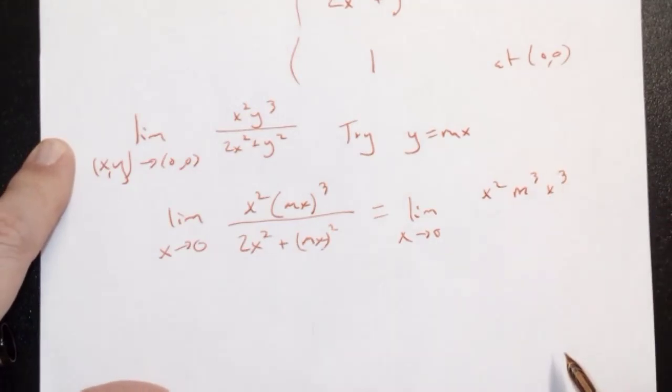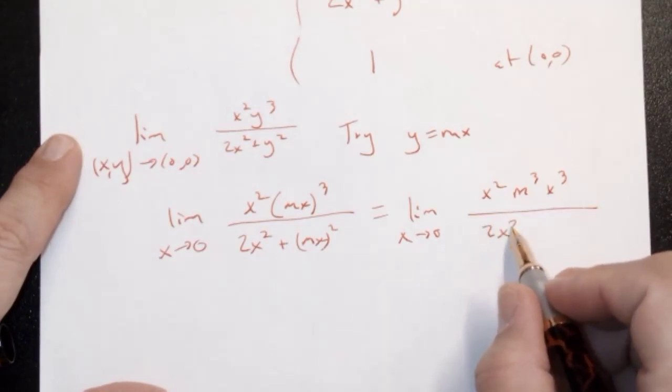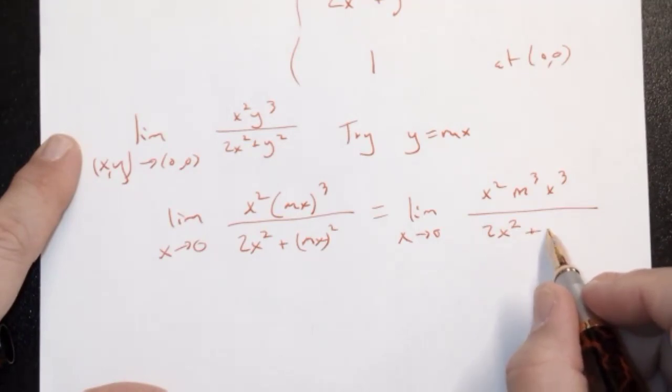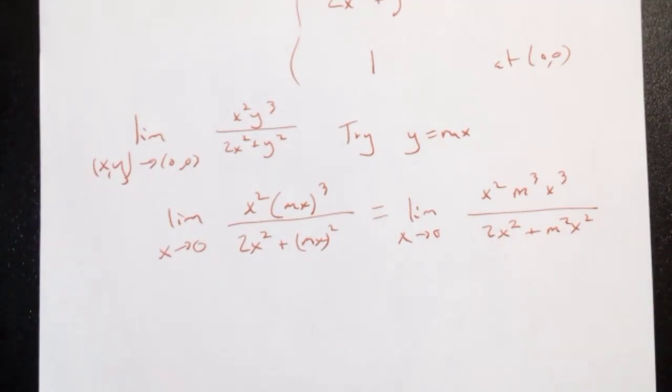Wait a minute, that's an x to the 5th on the top, right? On the bottom, I get 2x squared plus m squared x squared. I could factor out an x squared on the bottom, couldn't I? And then I could cancel that, but it would only cancel the x squared on top.